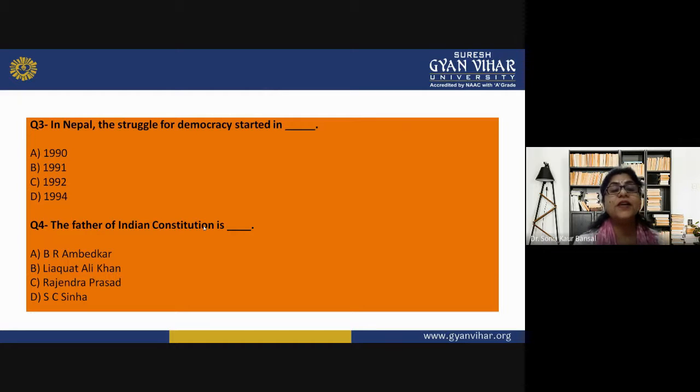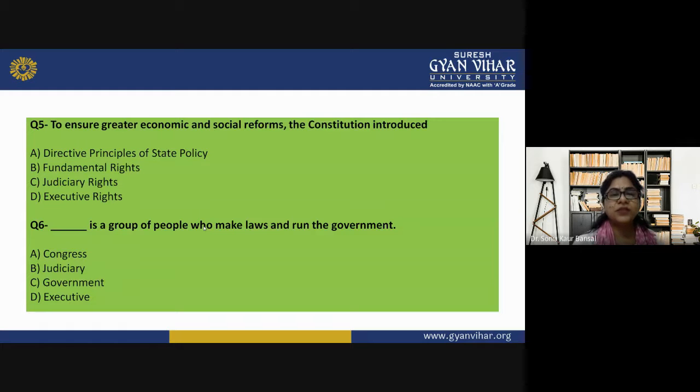The father of the Indian Constitution is B.R. Ambedkar, Liaquat Ali Khan, Rajendra Prasad, or S.C. Sinha. So this is about question number 5th. To ensure greater economic and social reforms, the Constitution introduced directive principles of state policy, fundamental rights, judiciary rights, executive rights.